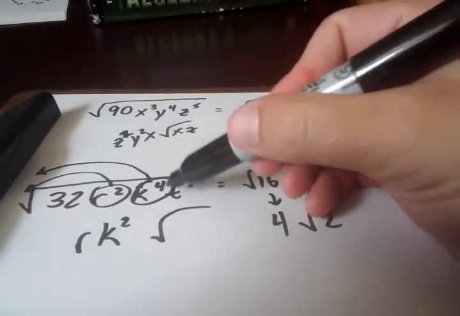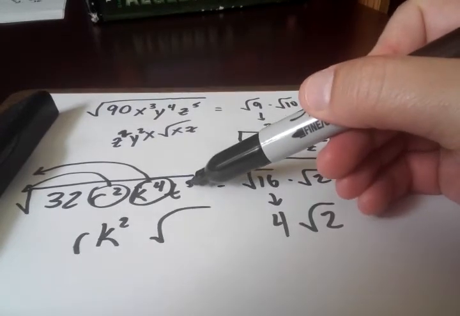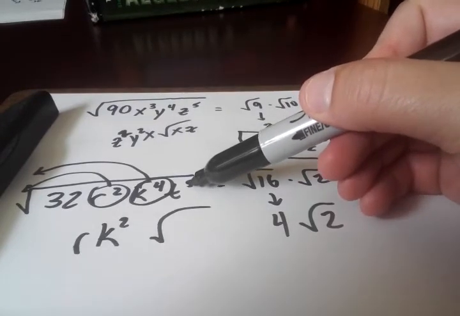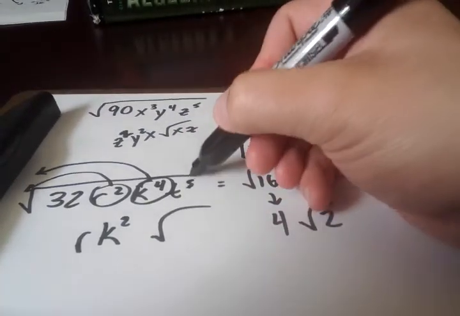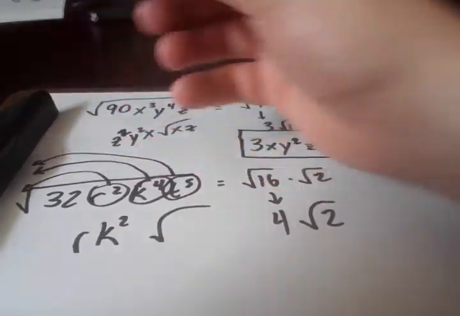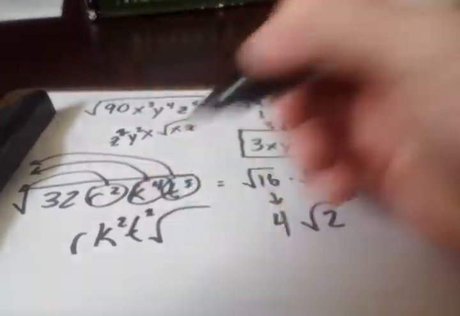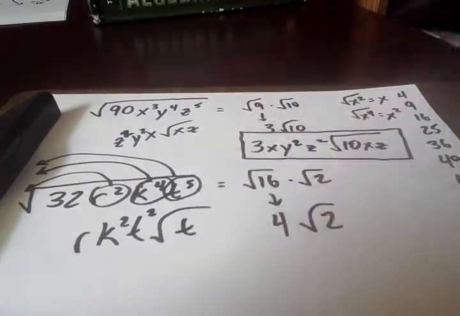And now here's the different one. Remember, t is odd here, right? There are 5 t's. We can take out 2 of them, right? 5 divided by 2 is 2.5, so we can take out 2. We got t squared that comes out, and then because this is odd, 1 has to stay inside.